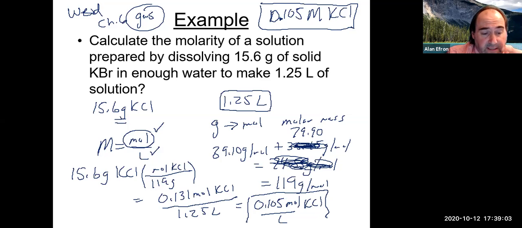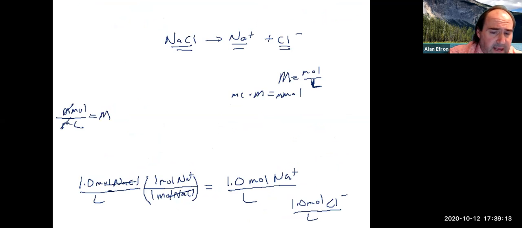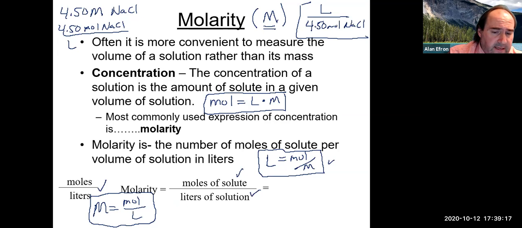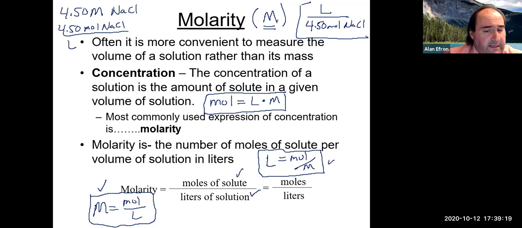Lastly, we finished up talking about molarity, which really is the most common unit of concentration that we come across. Molarity is big M, and it is moles per liter, and it is used a lot in chemistry.